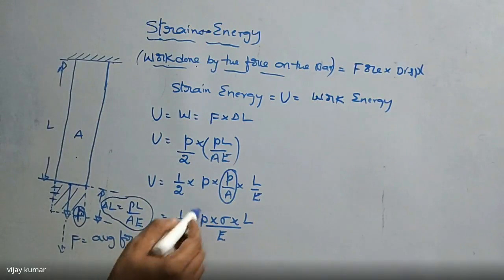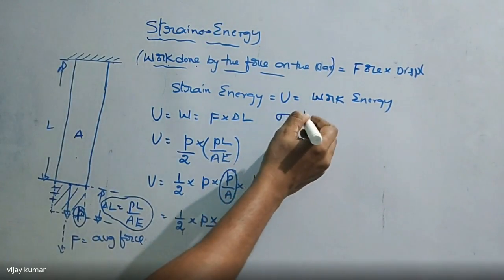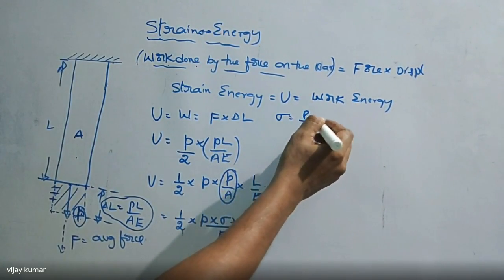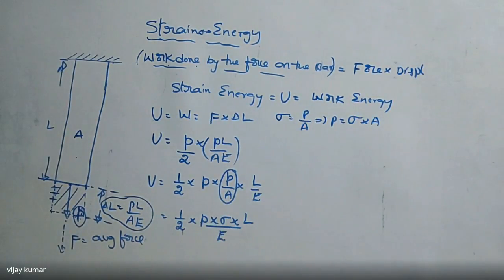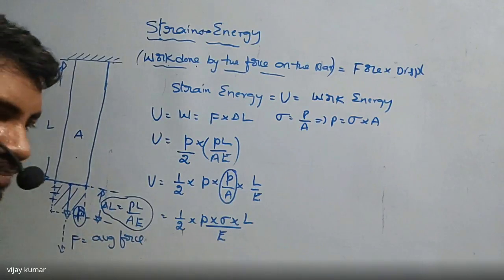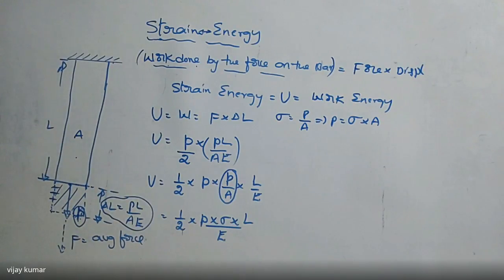But what is P here? We know that stress is equal to P by A. But P is equal to stress into area. We can write it. Did you get my point? Stress into area.